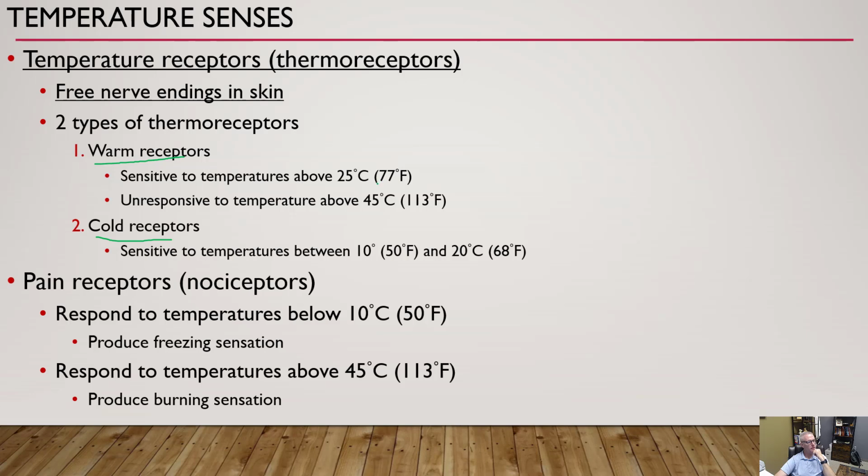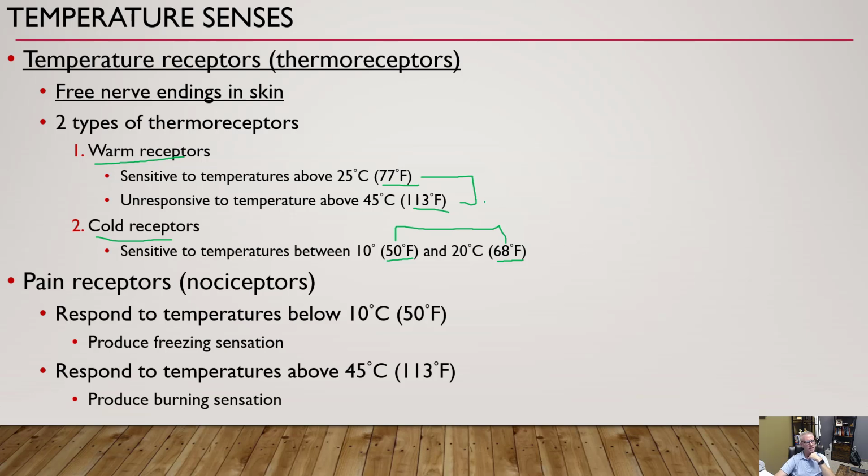Without reading the slide, our cold receptors basically work between 50 and 68 degrees, our cool temperatures, and then our warm temperatures between 77 and 113. So between 77 and 113 are our warm receptors, and between 50 and 68 are our cool receptors.